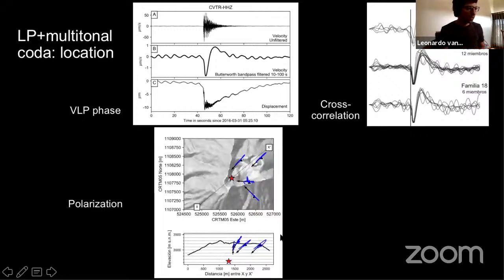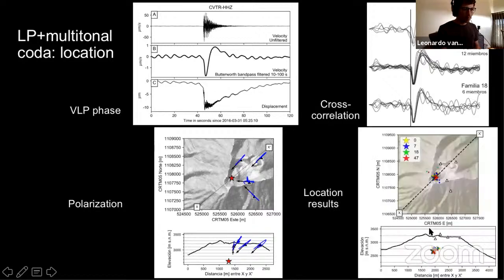So we can do the polarization of the waveform and try to locate the source of this event. What we see is a tight cluster located some 500 meters below the active crater, which is located at this point here. We have three craters, and the active one is this one. So this is the location that we have for this signal.